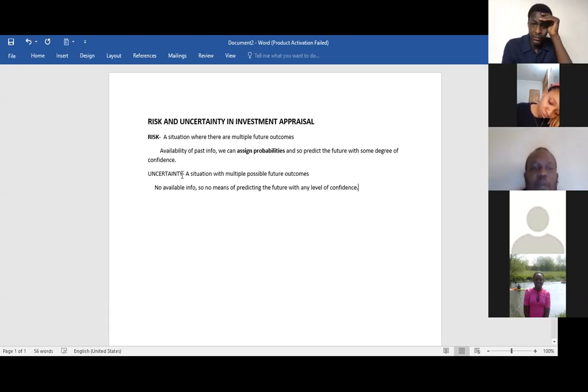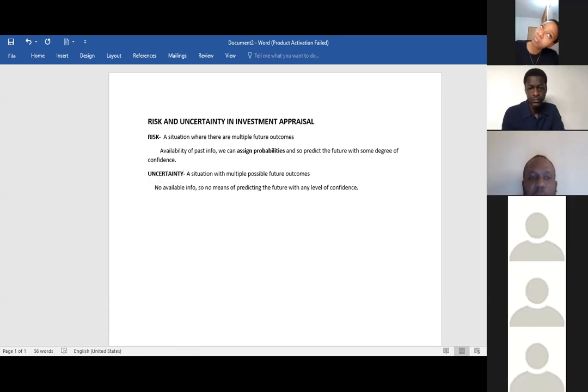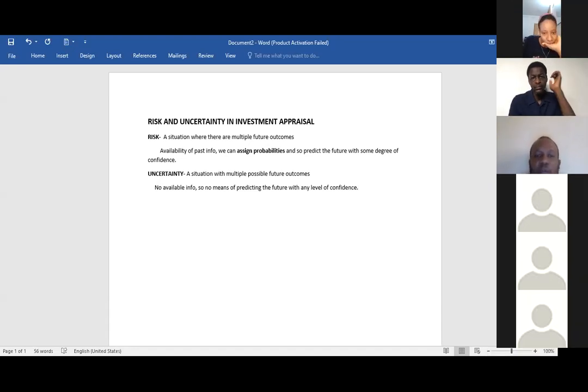So where we have past information, that's a risky situation. And I remember I gave an example some time back about rain and whether rain will fall tomorrow. Is that a situation of risk or uncertainty? Rain fell the next day after you said that.